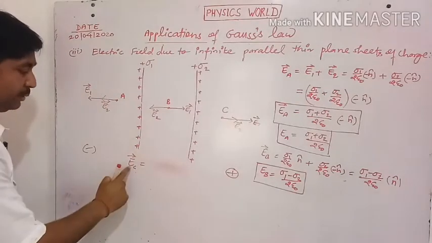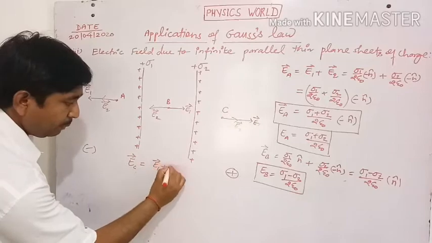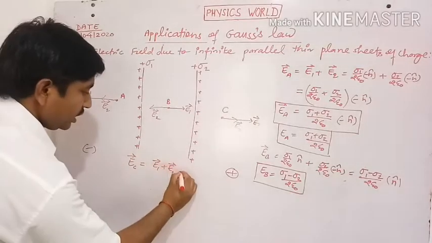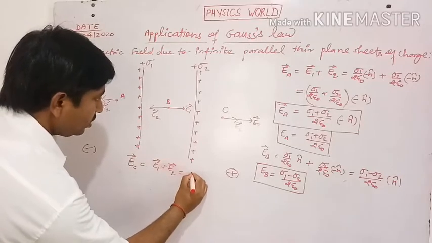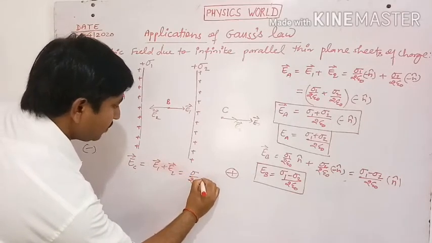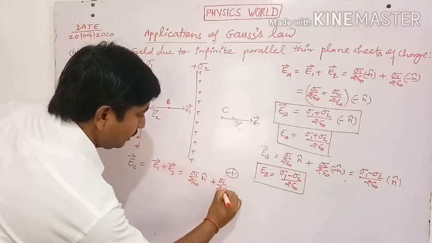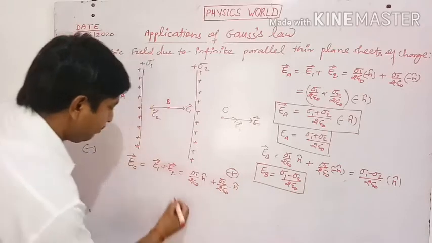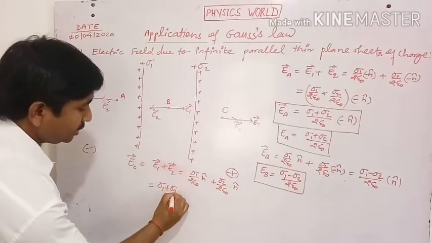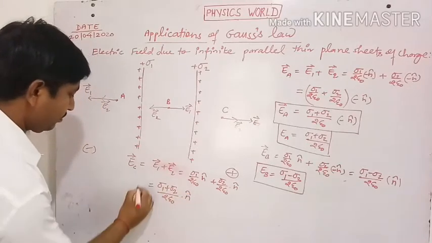The value of the electric field at point C will be vector E1 plus vector E2. That is sigma 1 upon 2 epsilon naught n cap plus sigma 2 upon 2 epsilon naught n cap. So this will be equal to sigma 1 plus sigma 2 divided by 2 epsilon naught n cap.